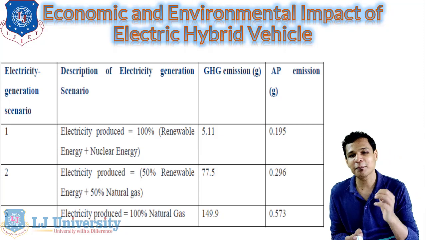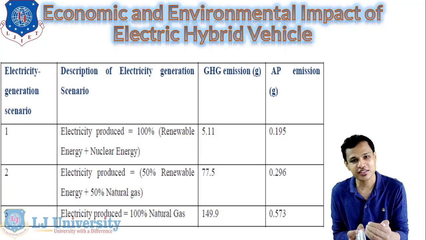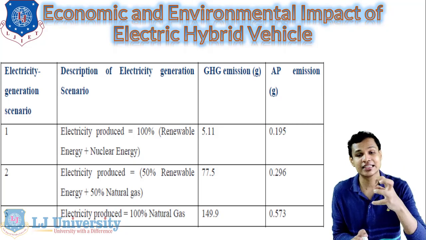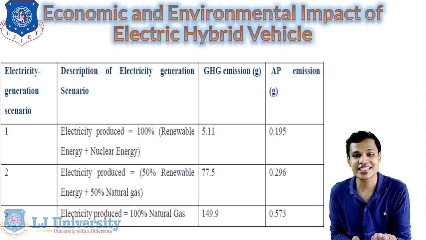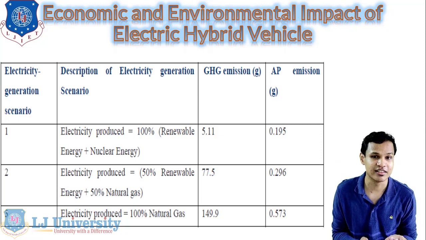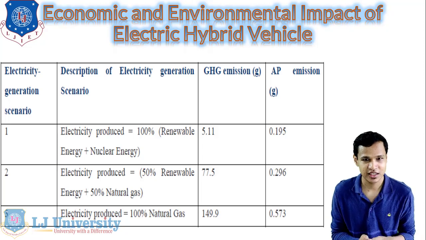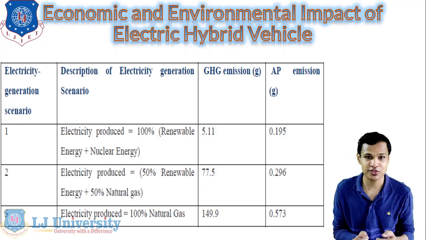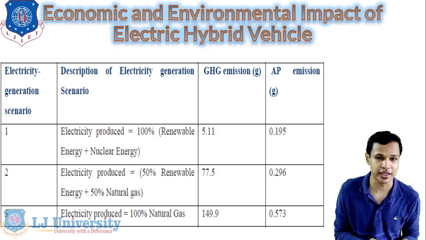0.195. Compare that with electricity produced 50% from natural gas, a fossil fuel, and the other 50% from renewable energy: the GHG emissions jump to 77, almost 14 times the emissions, and the AP emissions, that is air pollution, jump to 0.296, almost double the earlier.